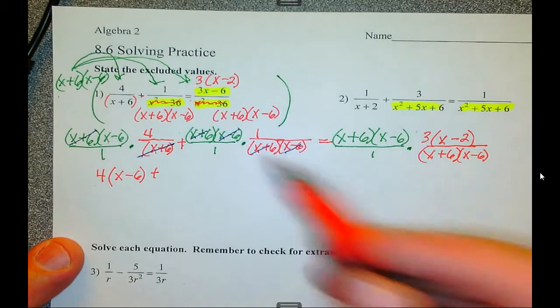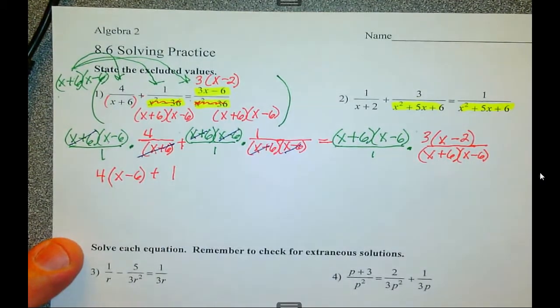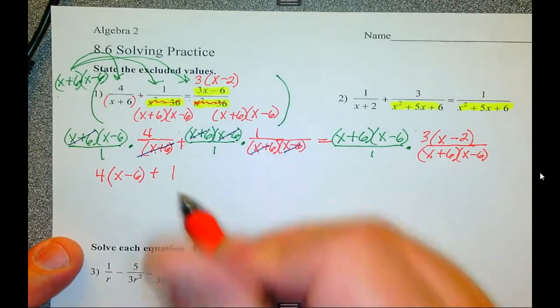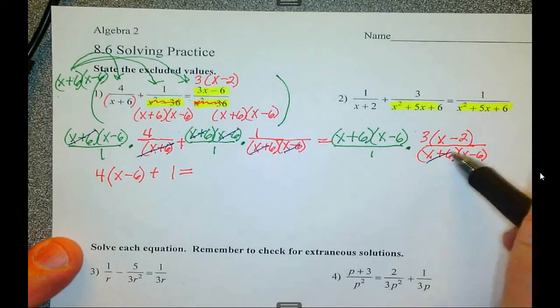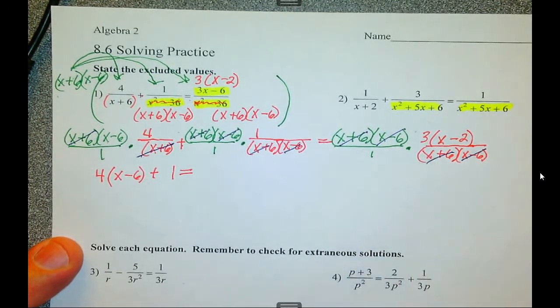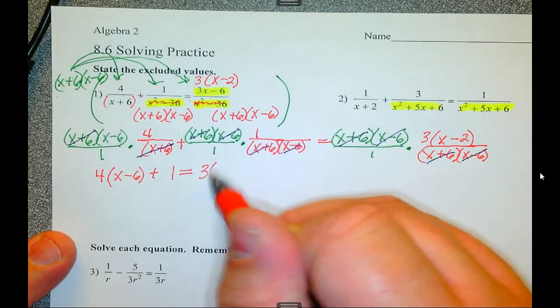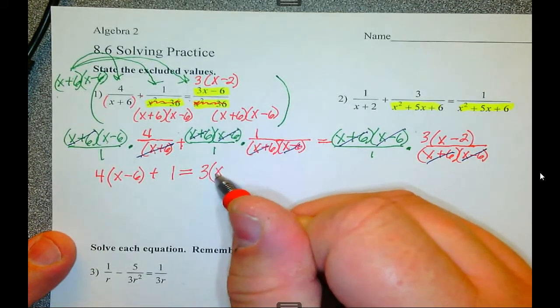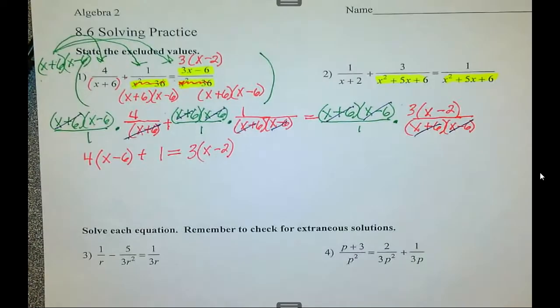So I have 1 over 1 or just 1 equals, all of these cancel. So I just have 3 times the quantity x minus 2. Solve for x.